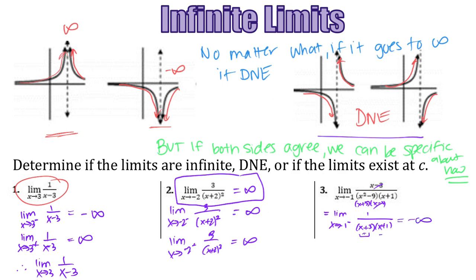So this is going towards negative infinity. If I approach negative 1 from the right-hand side, x plus 3, that's still going to be positive. And if I'm slightly closer to 0, then this is also going to be positive. So this will be positive infinity. That means this original limit does not exist because the infinities on both sides don't agree.